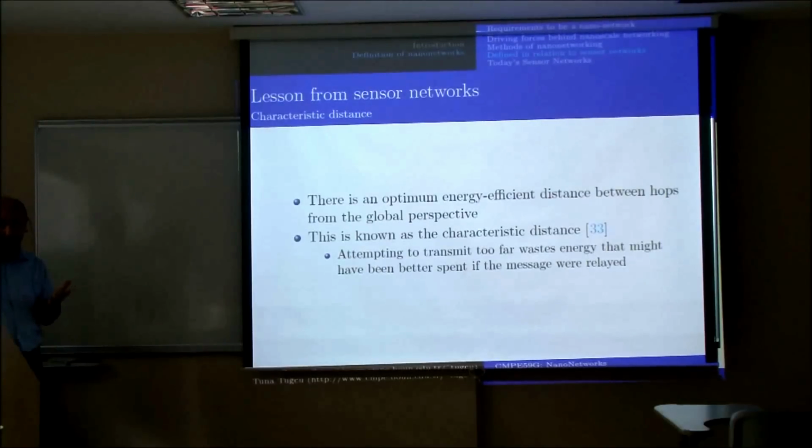Now, if I do that, first of all, as a person, Tuna Tugcu, I'm spending less energy because I'm not shouting to a longer distance. But as the overall system, Tuna talks, Sanem talks, and Yavuz talks.